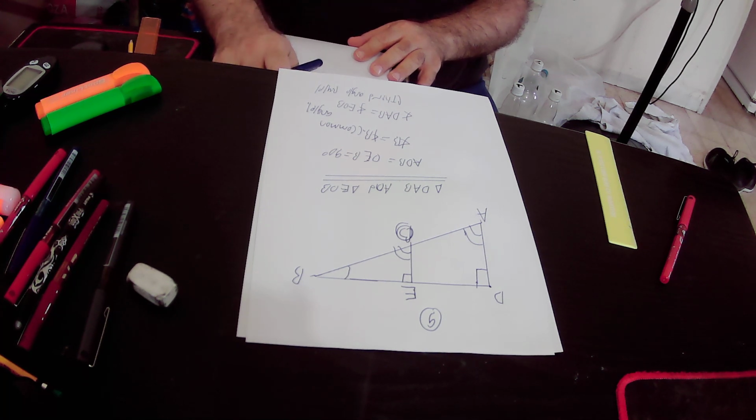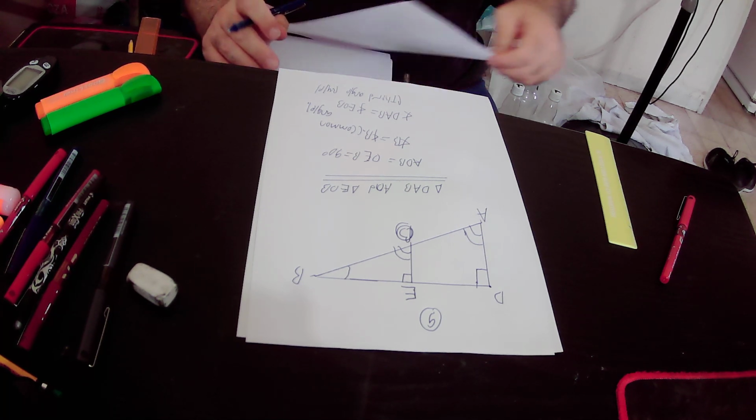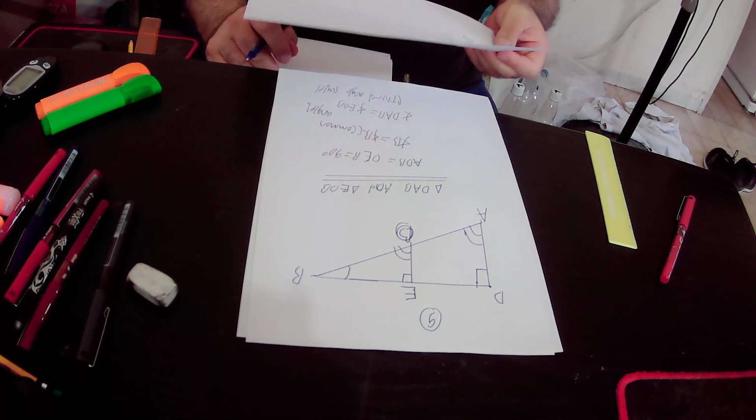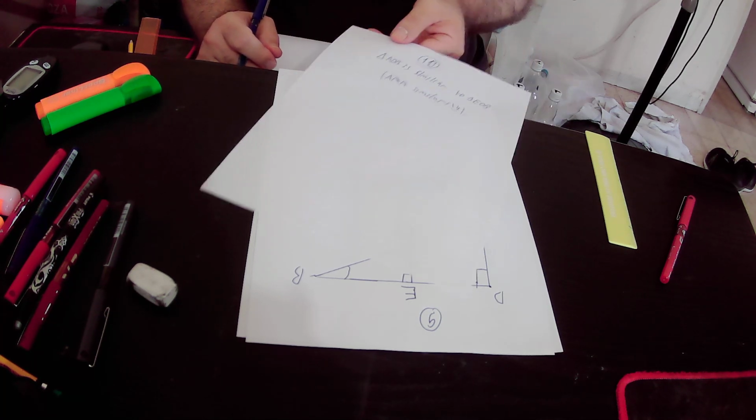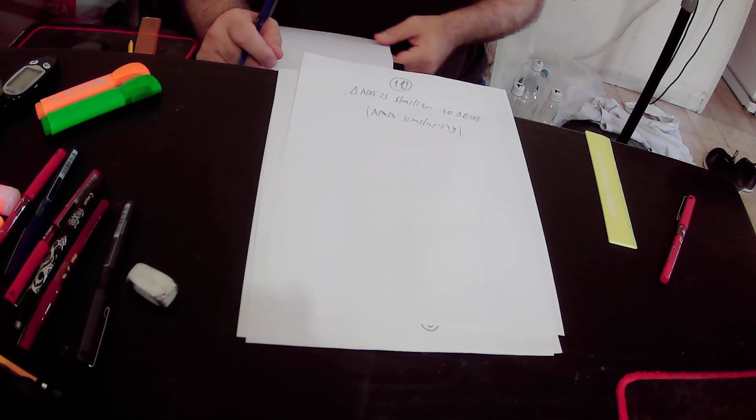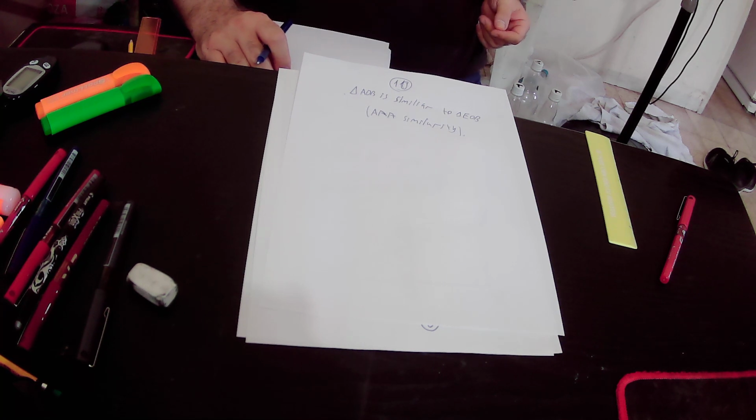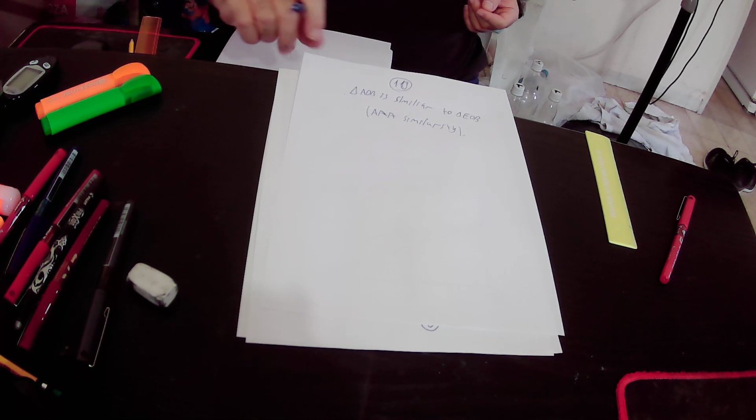So the big triangle ADB is similar to the small triangle EOB according to angle similarity.